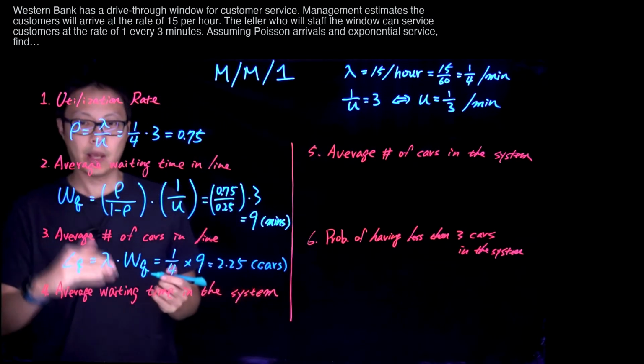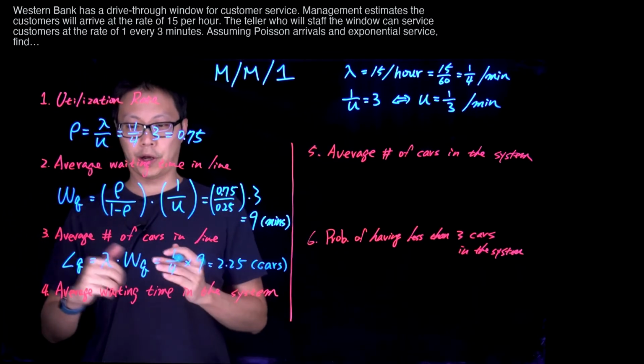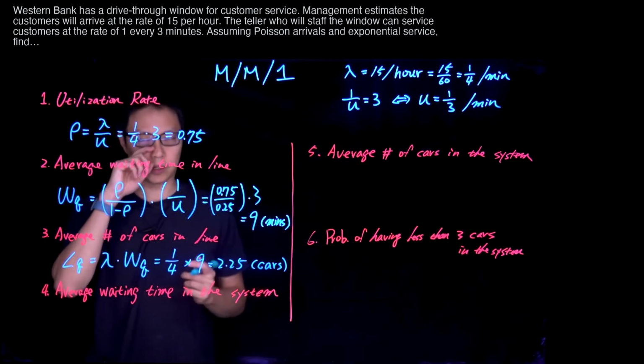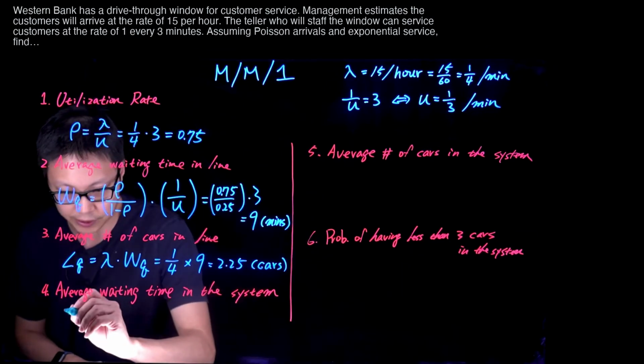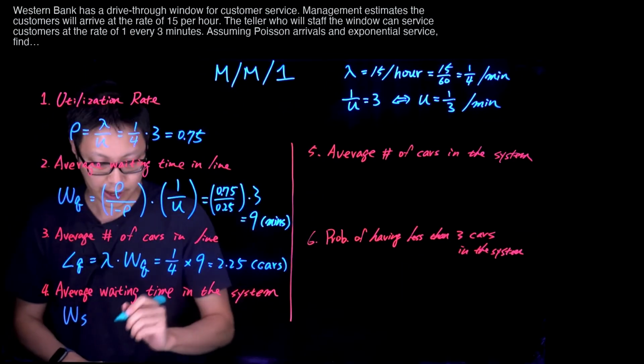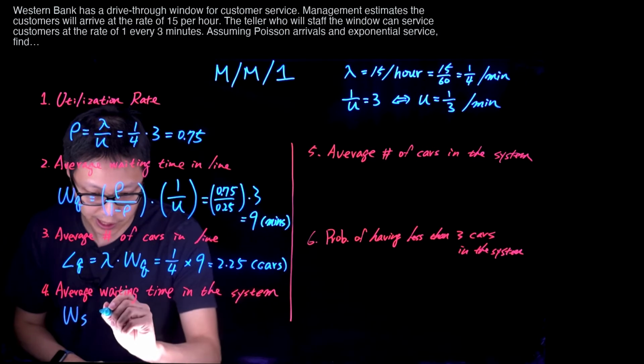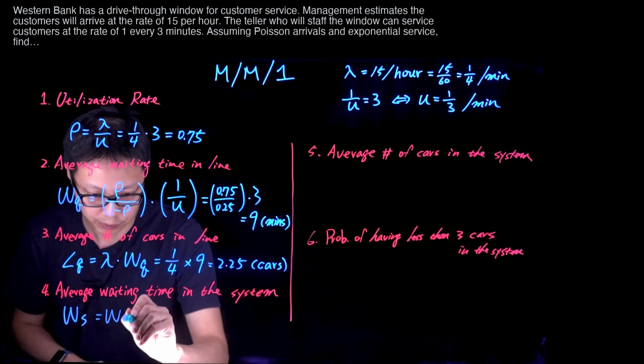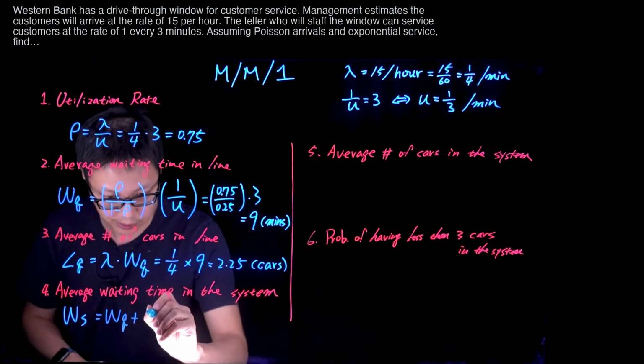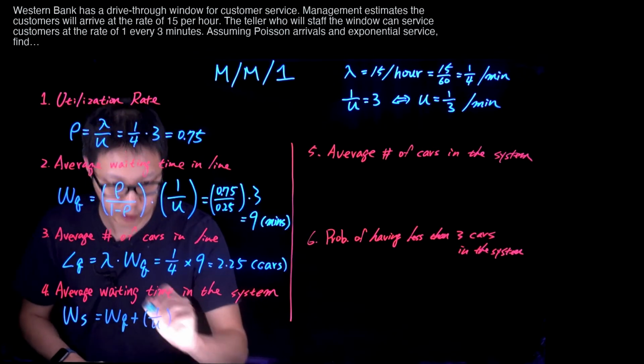If you know WQ, you can also calculate the average waiting time in the system, and we call this WS. Based on the formula on the previous slide, we know WS will be equal to WQ plus 1 over mu.